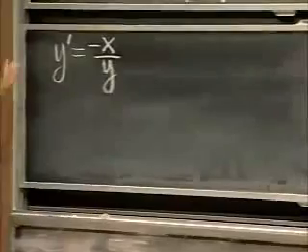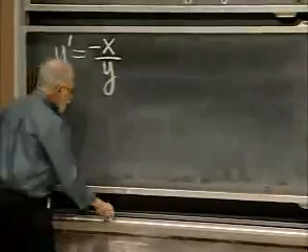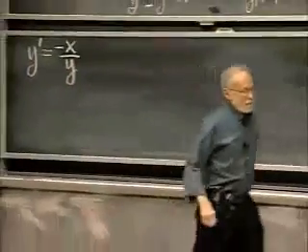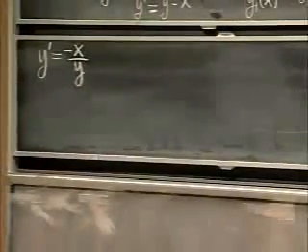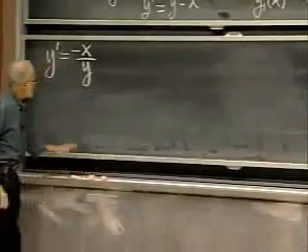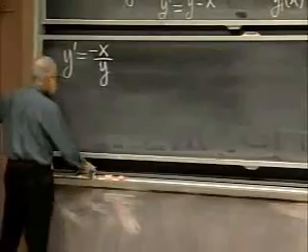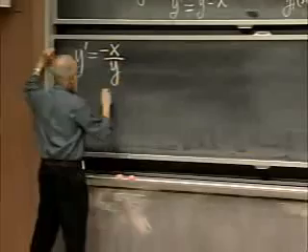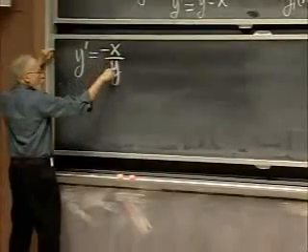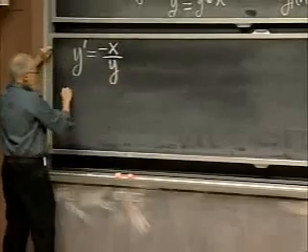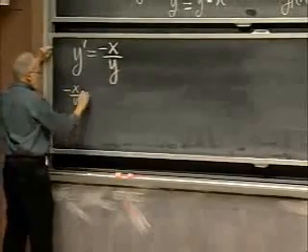First thing, what are the isoclines? Well, the isoclines are going to be: negative x over y is equal to c. Maybe I better make two steps out of this. Minus x over y is equal to c.